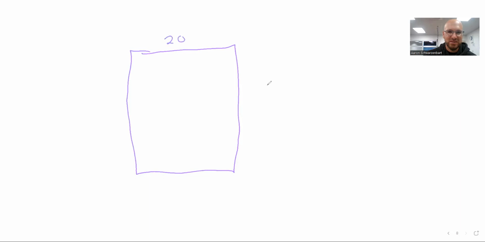This is 20, 25. We're taking x out of the corners. Giving us here 20 minus 2x for dimension, and 25 minus 2x.